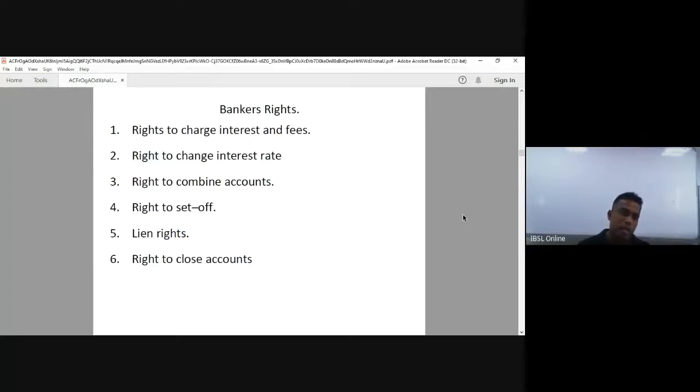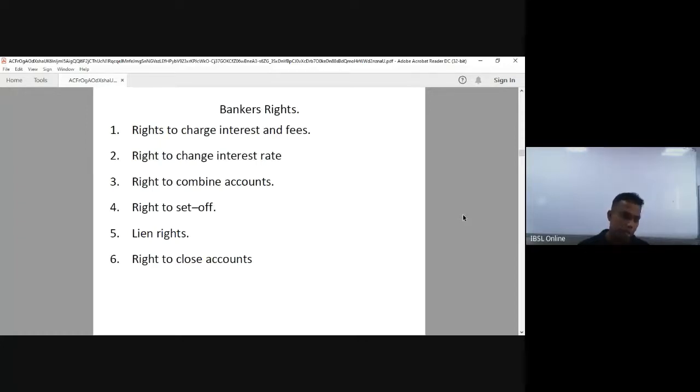Customers won't say that. Why? The customer knows the bank has a right to charge interest. Where does it say so? If you have read your account opening documents, the general business terms and conditions, that clause is there.